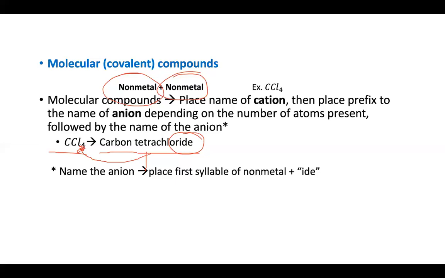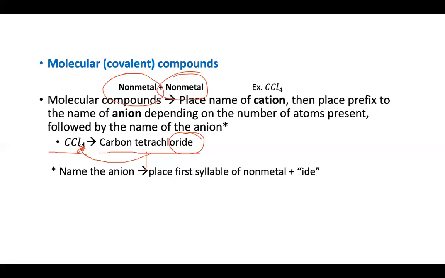The prefixes that we use are going to be mono for one, di, tri, tetra, penta, hexa, hepta, octa, nona, deca. Okay, those are the ones that we normally use. And mono is not normally used; it's only going to be used for the second non-metal.